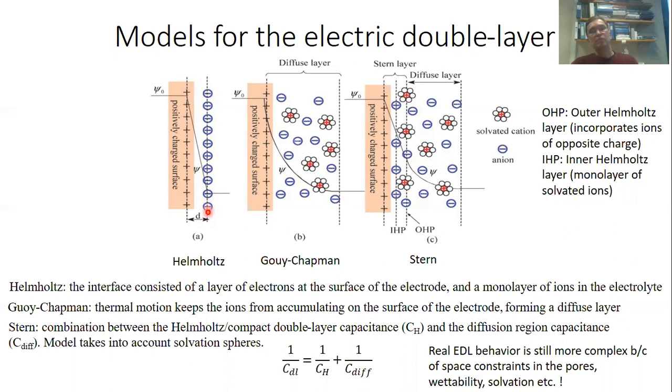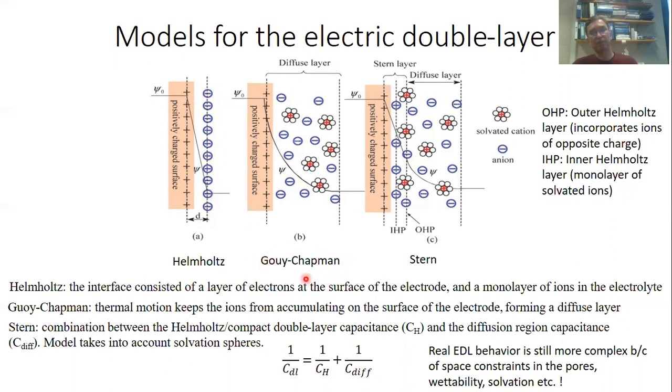Now in reality, this is somewhat oversimplified just because of temperature, and these effects are taken into account by the so-called Chapman model, which assumes a so-called diffuse layer instead of a compact layer.